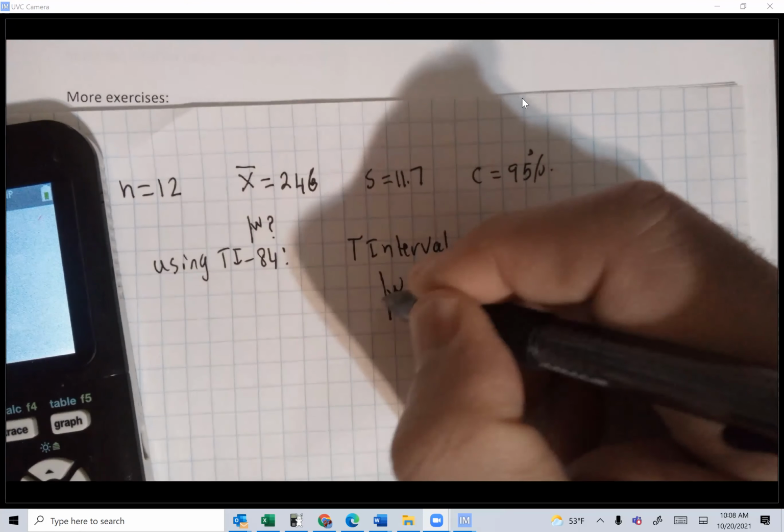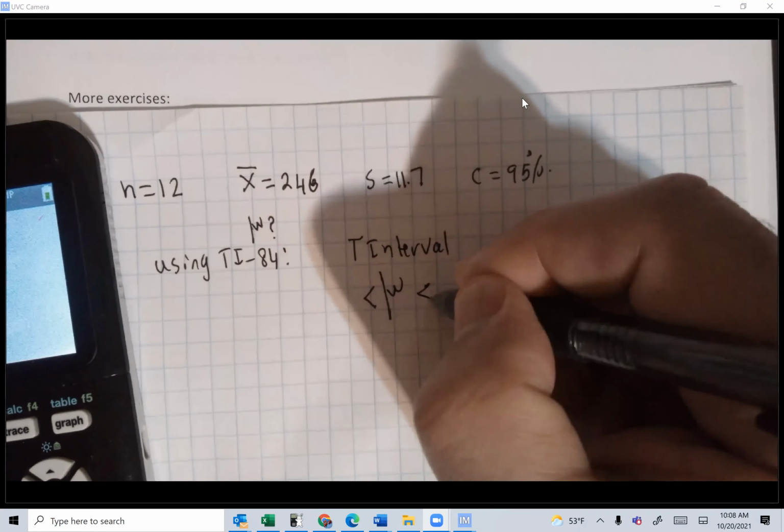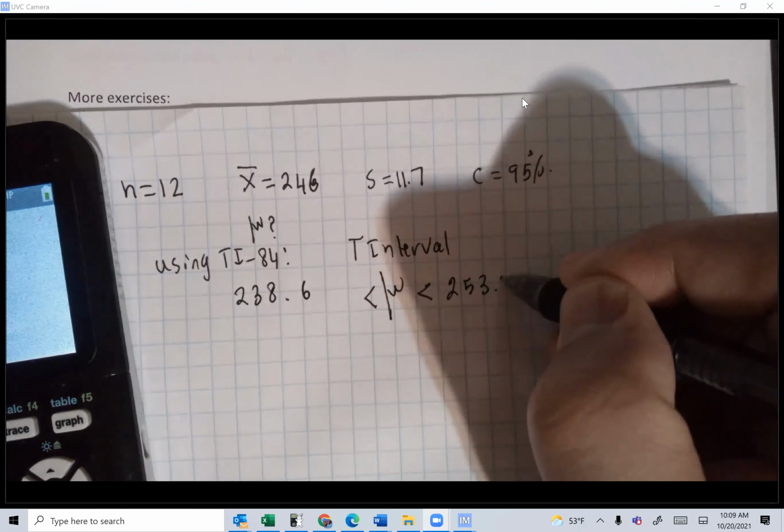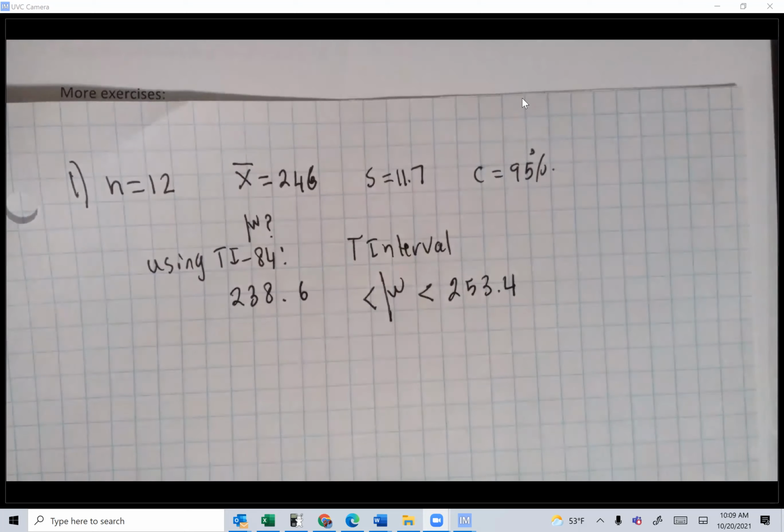Mean, you write it like that. Mean is between 238.6, let me make it one decimal place, and 253.4. And how do you interpret your answer, guys?